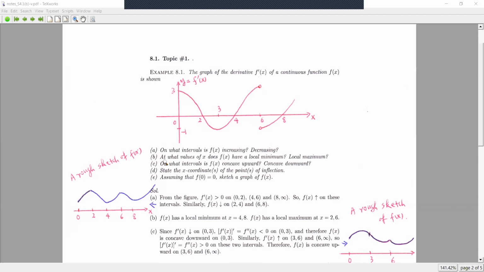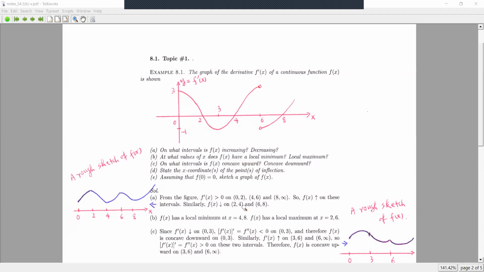Now B. At what values of x does the function f have a local minimum, a local maximum? To answer this question, I roughly sketch the graph of f.